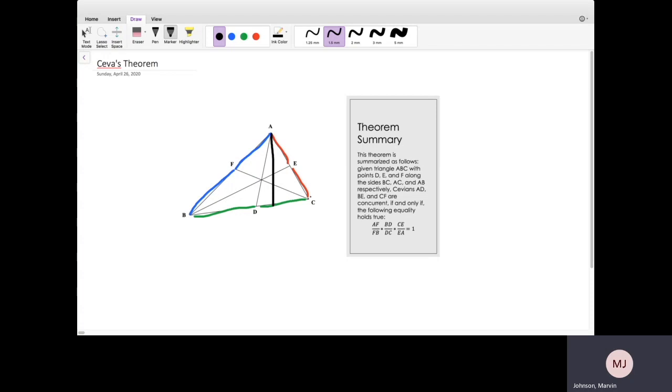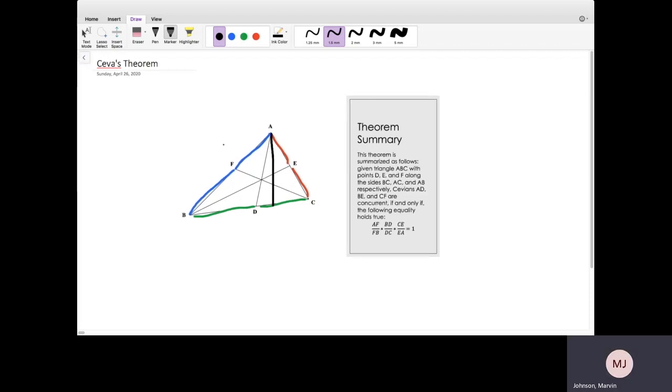So it is a special theorem that takes a very particular set of circumstances to hold true. And this theorem holds for medians, altitudes, and angle bisectors. All three of those Cevians are concurrent.